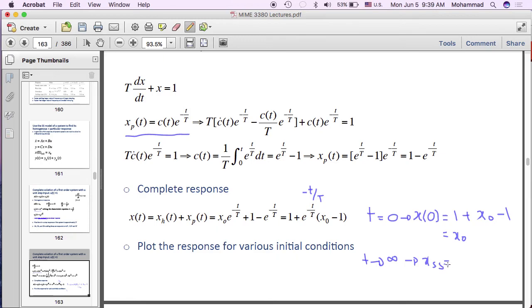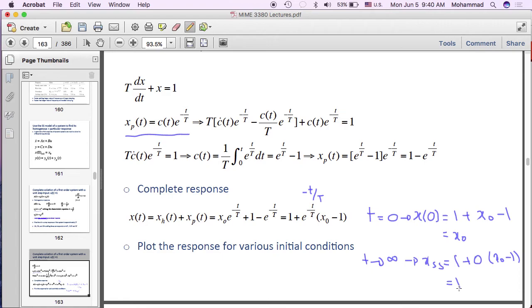What happens to e to the power negative t if time goes by long enough? It goes to 0, correct? So it becomes 1 plus 0 times x naught minus 1, which is equal to 1.